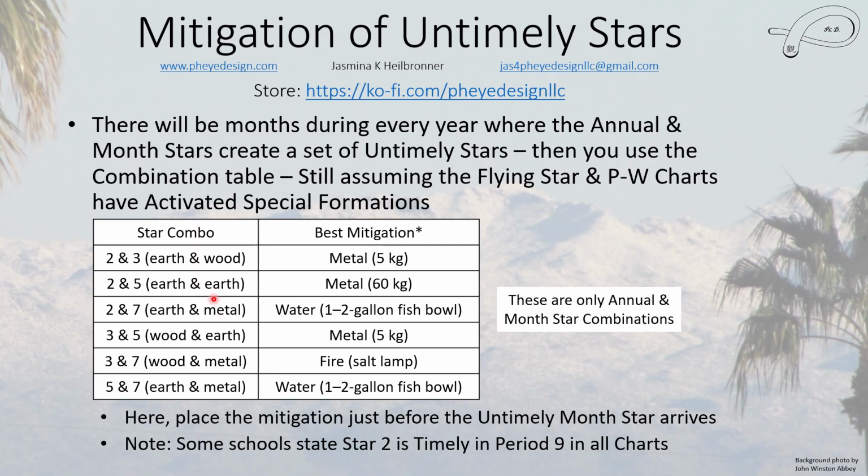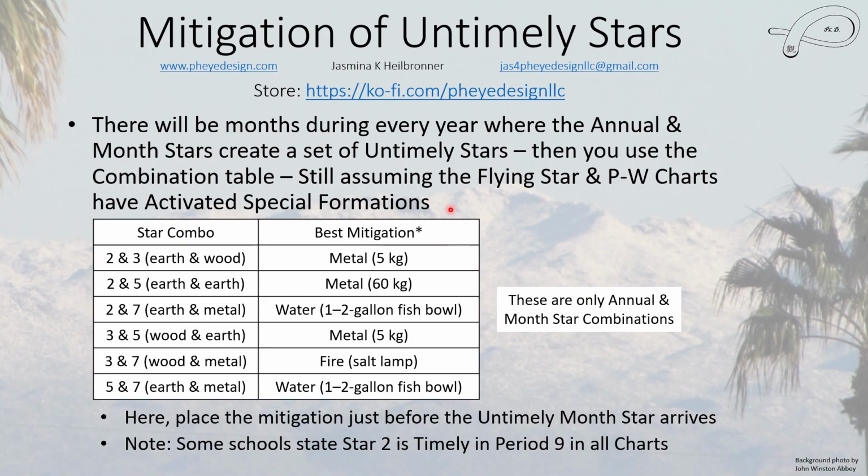Now, there will be months during every year when the annual and month stars create a set of untimely stars, because there is no special formation in the annual and month stars that makes all the stars timely. So then you're going to use the combination table, which I just talked about.